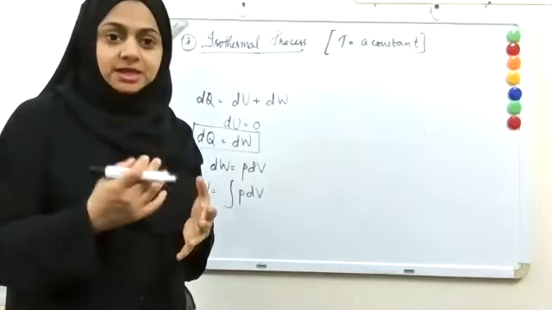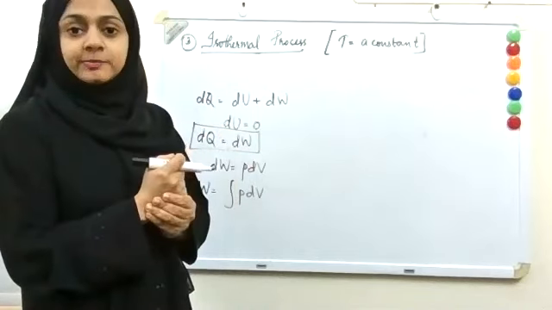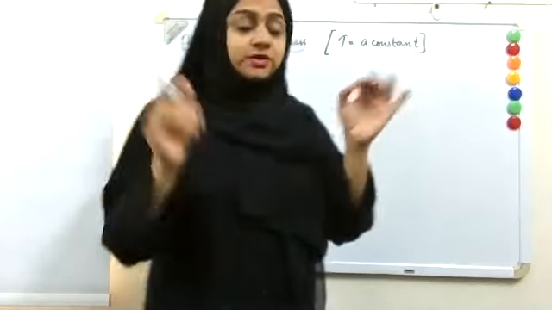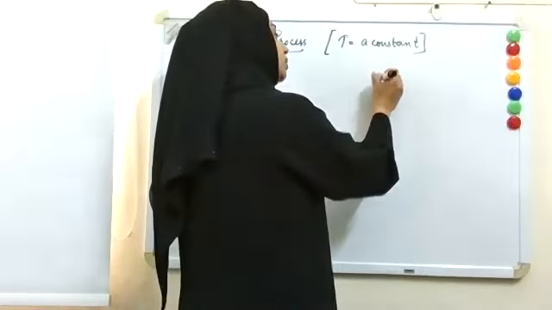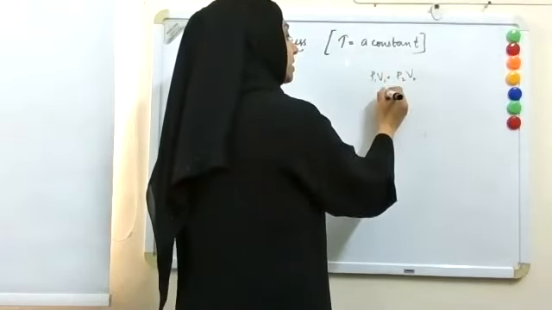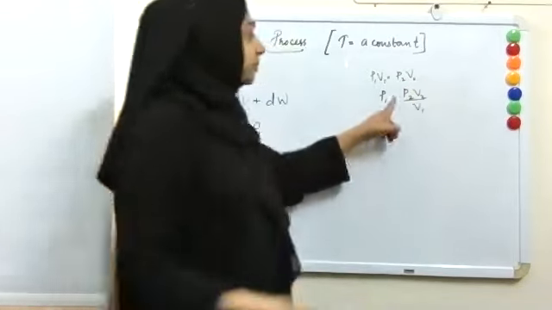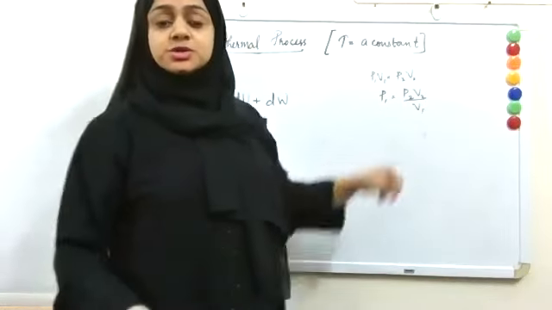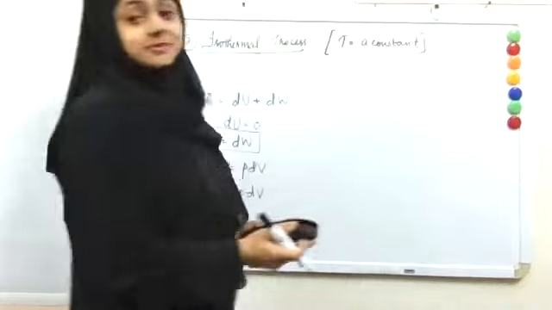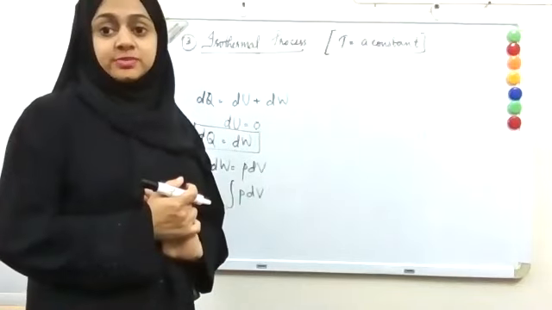But you combine many other laws, Charles' law and all, and you got one single equation. Do you remember? If there were two different states, we can write P1 V1 is equal to P2 V2. Again, we cannot write P1 is equal to P2 V2 by V1. Again, P is there, so we cannot use this equation. We need an equation where there is no pressure, only volume. In terms of volume, we have to express pressure.